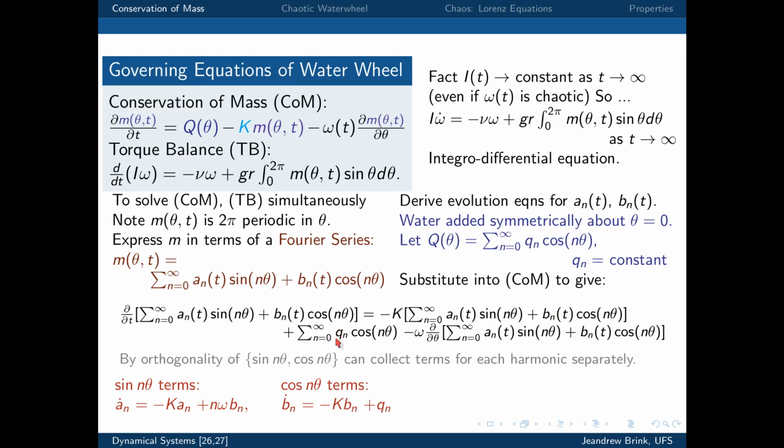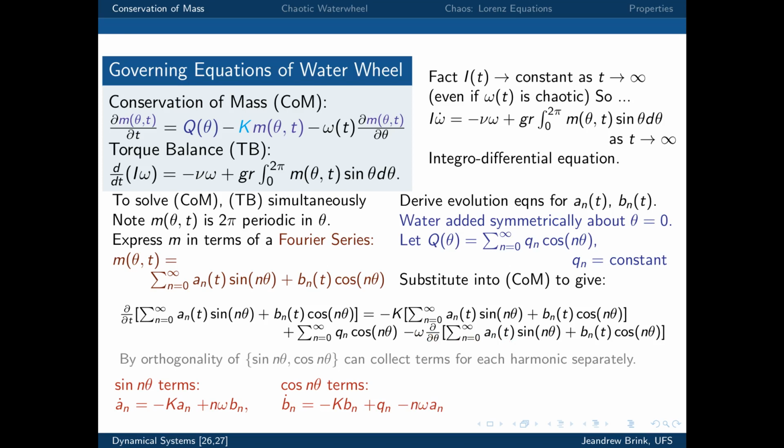And now this thing becomes important, the place where we're pouring in the water. So how we're pouring in the water becomes important. So we have the q_n term coming in here. And then finally, we have the derivative of sin nθ, which is n cos nθ. So we have minus omega a_n times n.